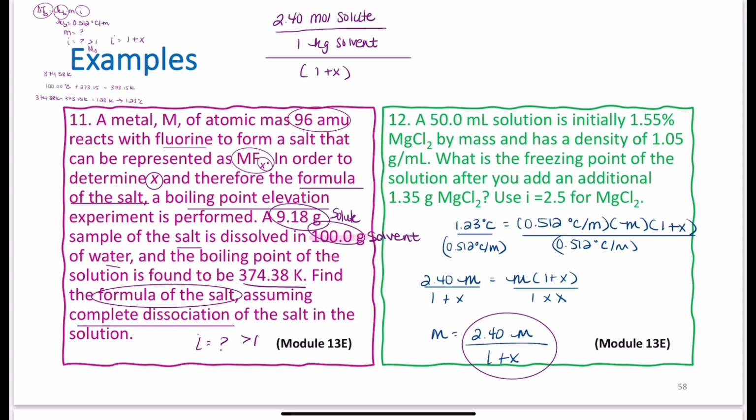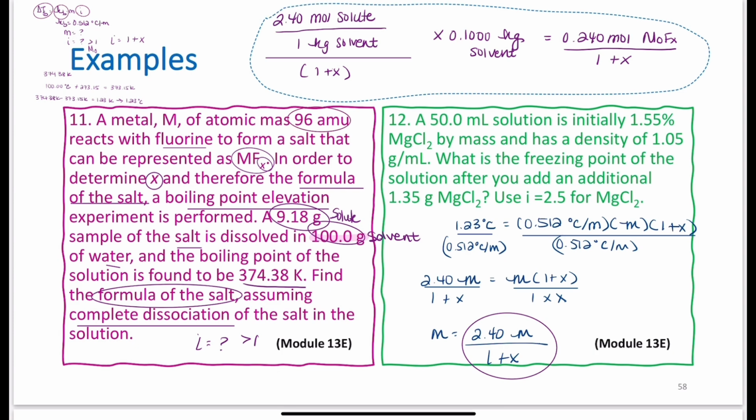So I can multiply this by 0.100, how many sig figs there? 0.100 kilograms of solvent. This gives me 0.240 moles of that MOFX, the solute, it's a placeholder, divided by 1 plus x. It's still ugly, I'm not denying that. But normally you just have a value there of moles, right? Now we've just got that 1 plus x hanging on because we're still trying to figure out what it is.